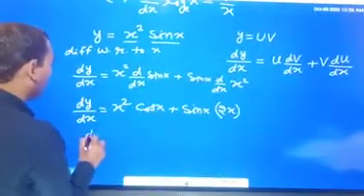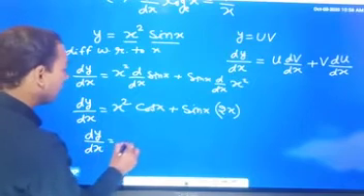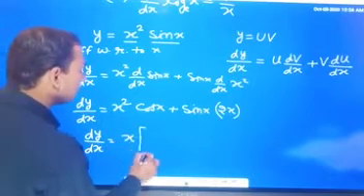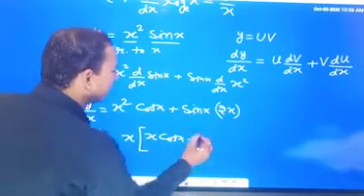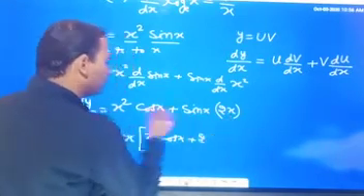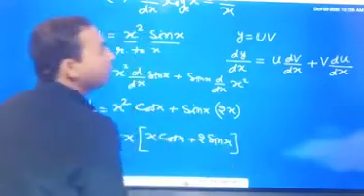Now dy upon dx, we solve it, then we can take x common, then it becomes x cos x plus 2 sin x. This is the differentiation.